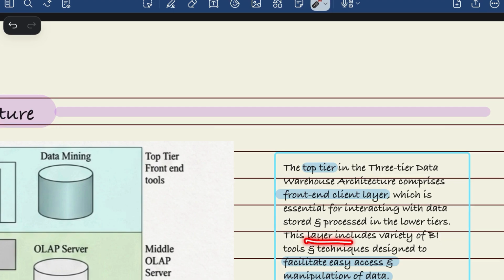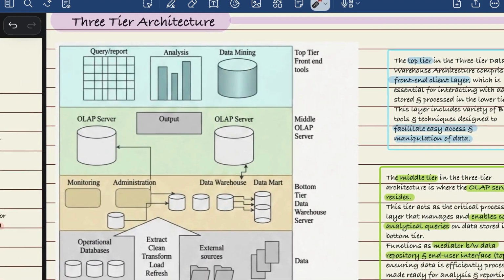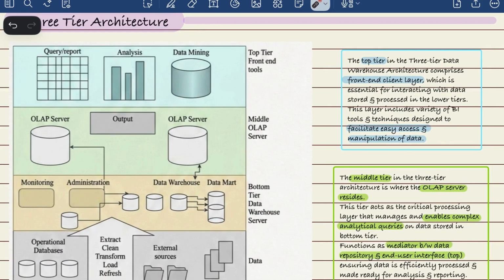So this layer includes a variety of BI tools and techniques that help us to have easy access to the data, to manipulate the data and to visualize the data, and show it to our managers, to our top performers, to the stakeholders, to make better decisions. So this is the three-tier architecture that we were talking about.